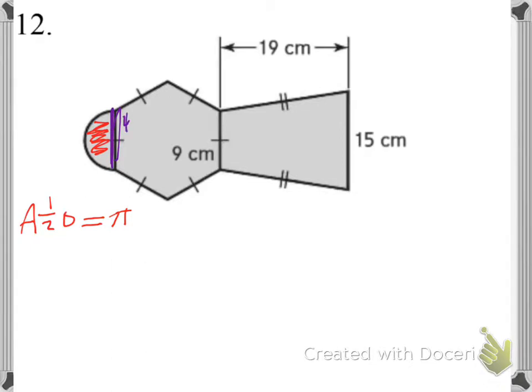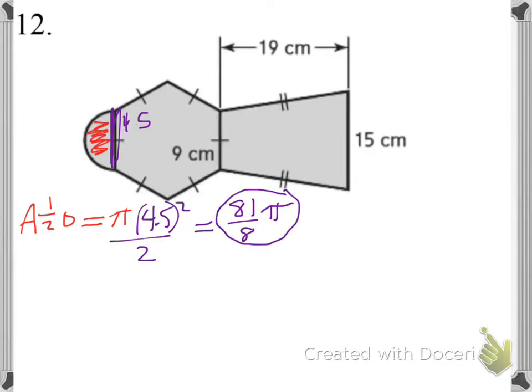So our r is going to be 4.5. So that's 4.5 squared. So pi r squared. And then if we want half of it, we're going to divide it by 2. So when we do that, we end up getting, and I'm just going to keep this as nice as possible since we're going to be adding these all up, but this would be 81 over 8 pi. Okay, so that is the area of the circle.